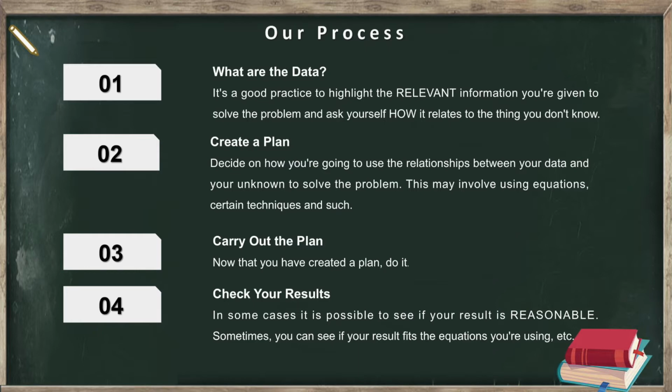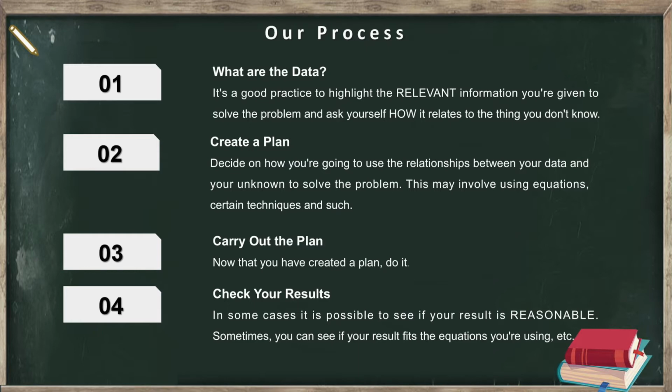In creating your plan, you have to figure out how the thing you don't know and want to solve for relates to the information that you have. And you need to find out how you can exploit that relationship. The third thing is that you just do it. You have a plan, go and do it.